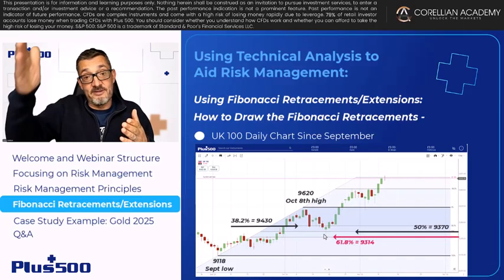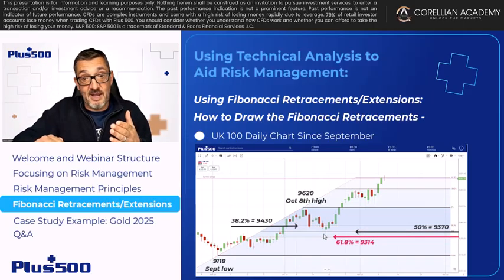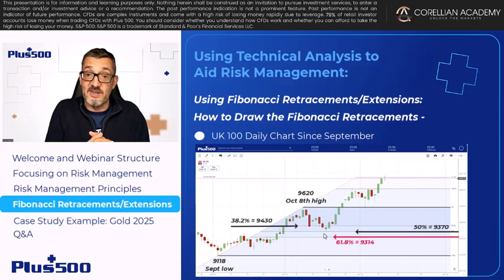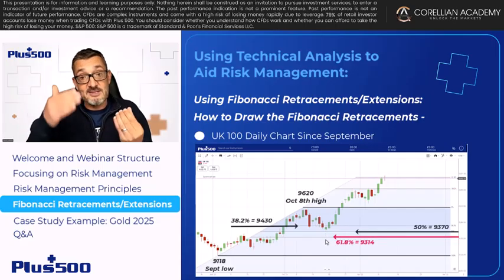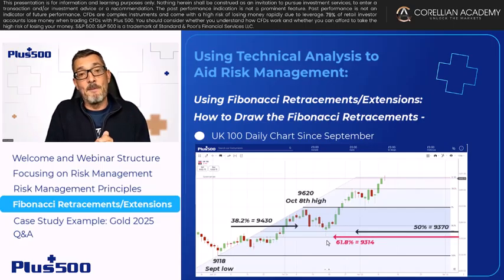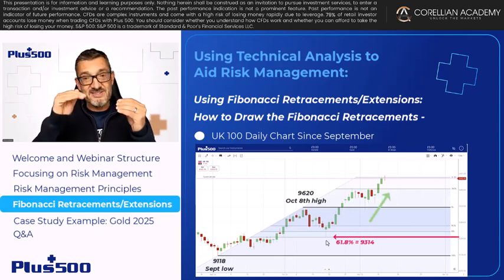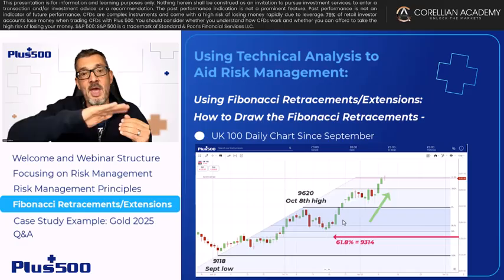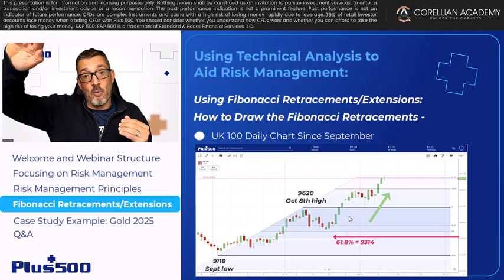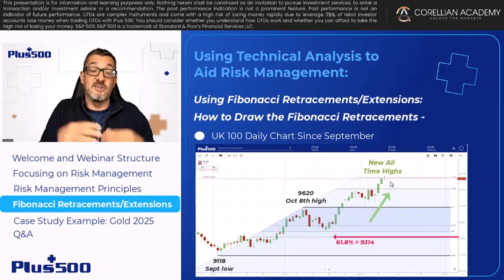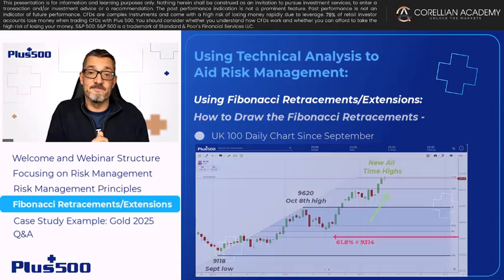This led to prices moving to the 50% level at 9,370, which was then broken, exposing tests of the deeper 61.8% level at 9,314. Interestingly, it was this level that successfully held the price decline and prompted fresh buying support, a move that eventually saw breaks to new all-time highs.